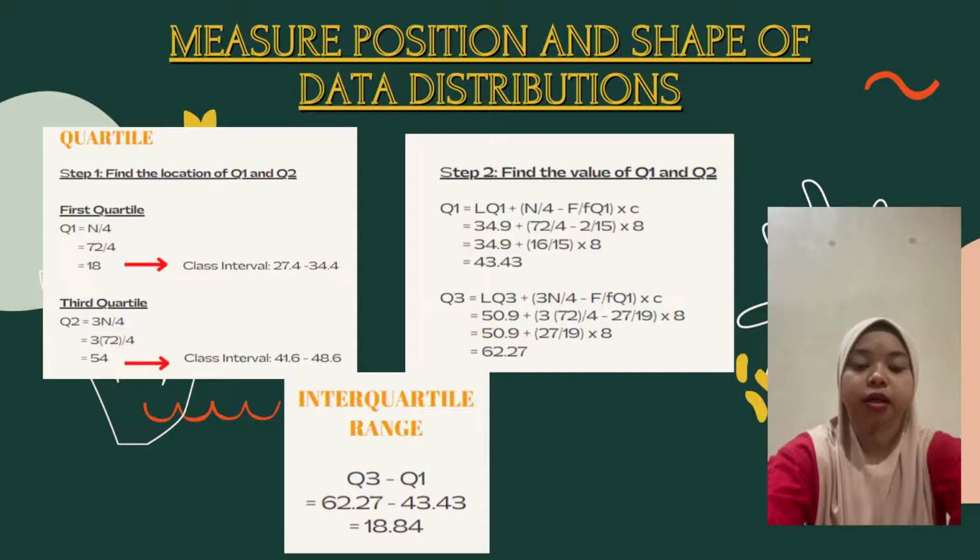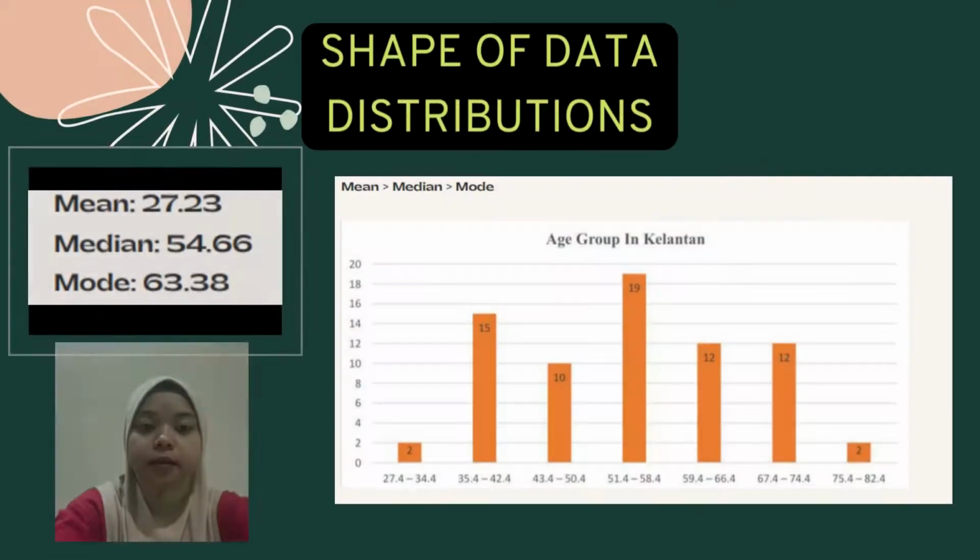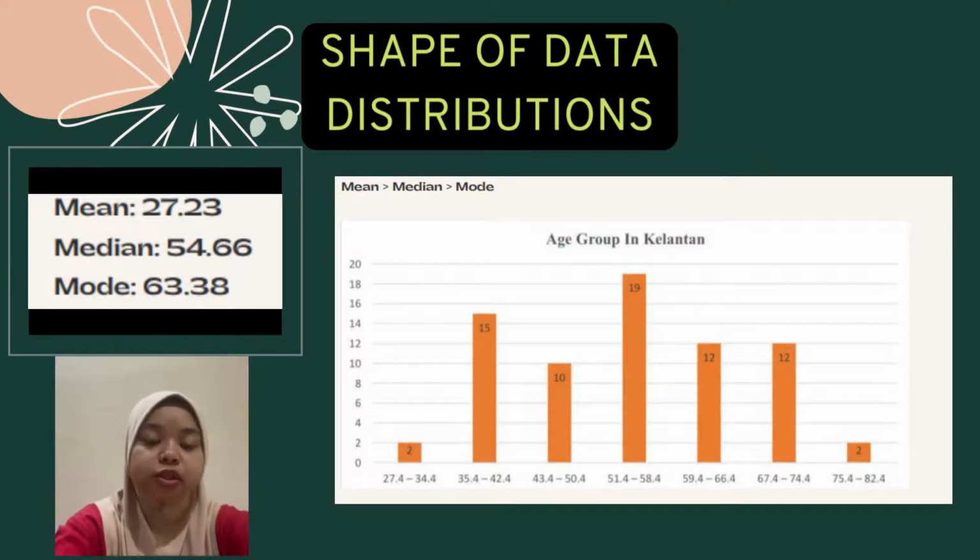Interquartile range equals Q3 minus Q1, 62.27 minus 43.43 equals 18.84.